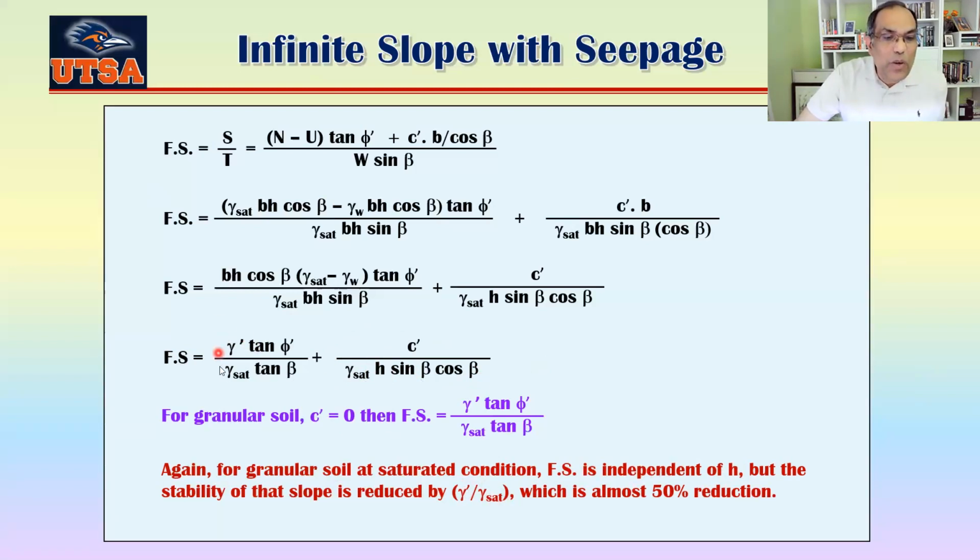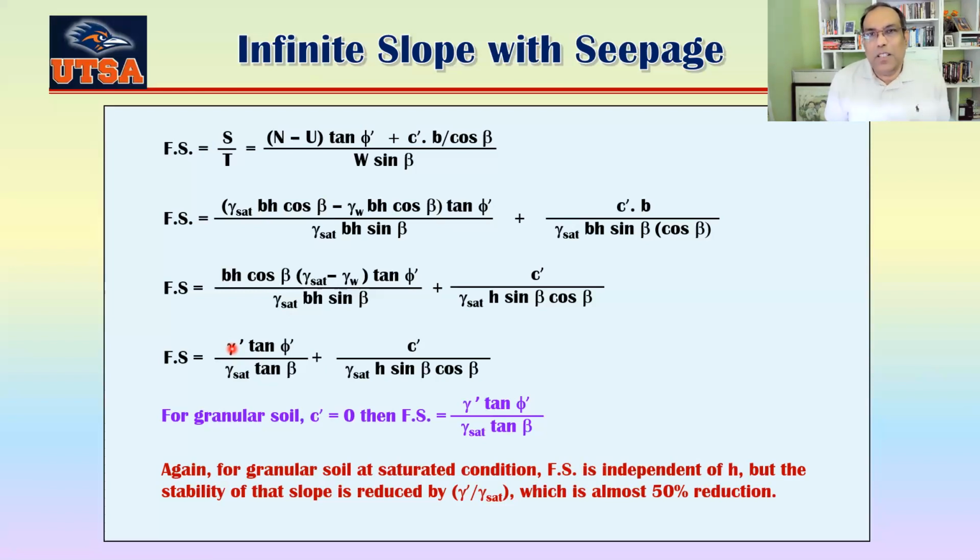This part is new here. When there is no water there, that was tan phi prime divided by tan beta. Now it's a factor of submerged unit weight divided by gamma sat. Usually this one is 50% less when there is water there, because, let's say your saturated unit weight is 20 kilonewton per meter cube, and the gamma W is 9.8.